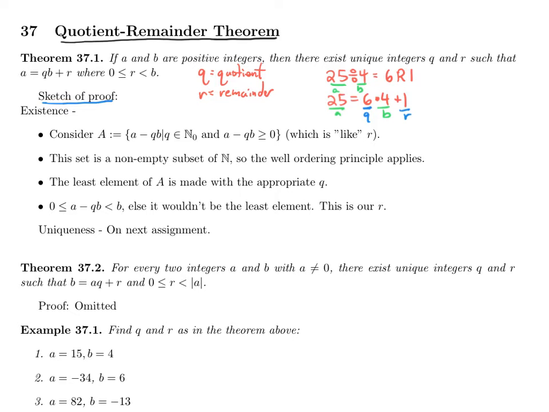The first is that there exist these two integers, q and r, so we need to show they indeed exist. That's the first part. The second part, to show that they're unique, that there's only one way to do it, will be done as an assignment question in the future.